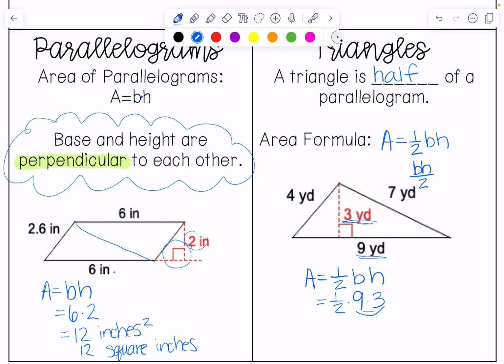In this case, it might just be easier to do 9 times 3 and then take half of that. So 9 times 3 is 27, and if I take half of 27, or divide 27 by 2, whichever way you want to think of it, we would get 13.5. And again, we're doing area now, so this is how many square units cover this object. So this would be square yards.